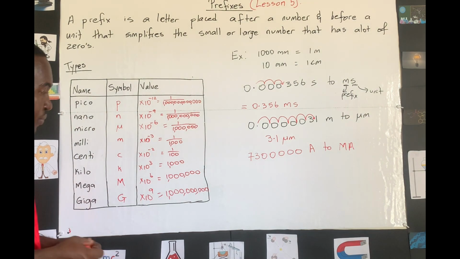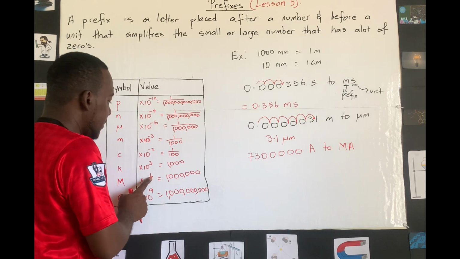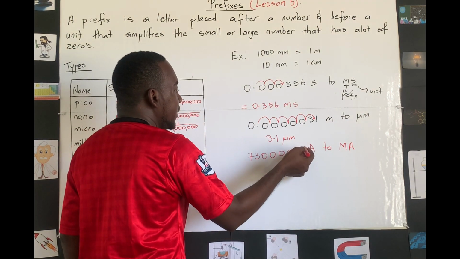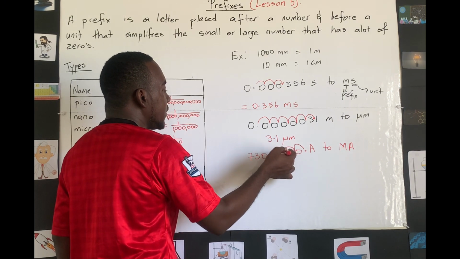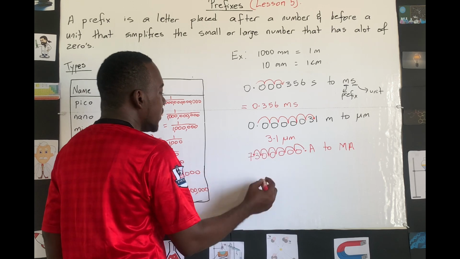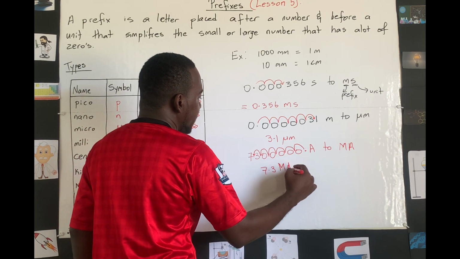So therefore, we're going to mega. Mega is 10 to the 6. It's a positive 6, so that means our decimal place is here, and we need to move it 6 times. 1, 2, 3, 4, 5, 6. So we get 7.3 mega amperes.